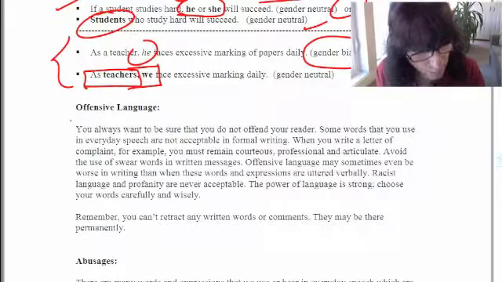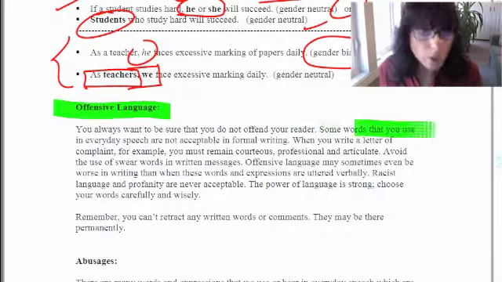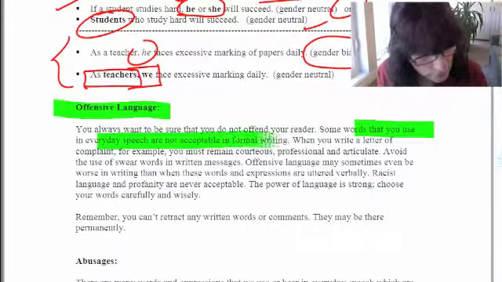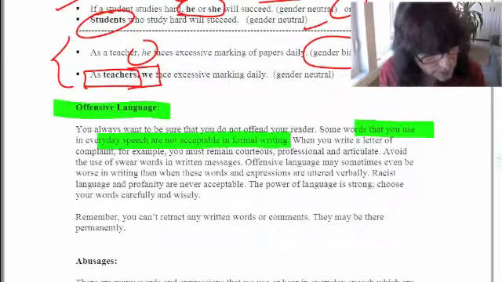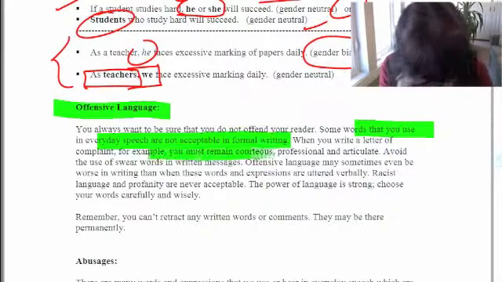And the last thing I want to point out is the use of offensive language. You always want to be sure that you do not offend your reader. And some words that you use in everyday speech are not acceptable in formal writing. So, for example, if you're writing a letter of complaint, you want to be professional, you want to be courteous, meaning polite, you want to be articulate.